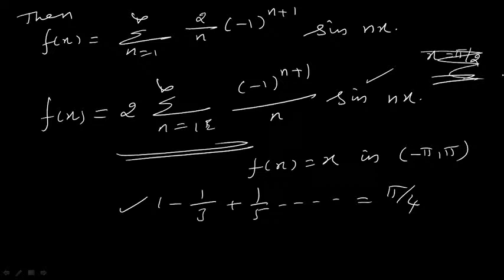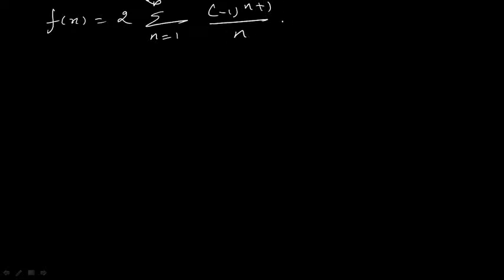So now, I am going to write out the general Fourier series representation here. f of x equal to twice sigma n varies from 1 to infinity, minus 1 whole power n plus 1 divided by n, sin nx, isn't it? Now what we are going to do is put x equal to pi by 2.